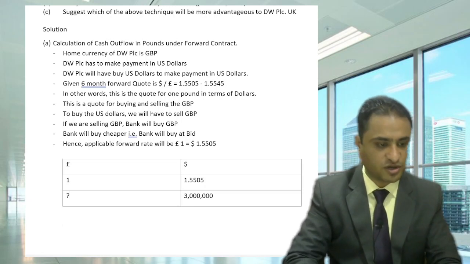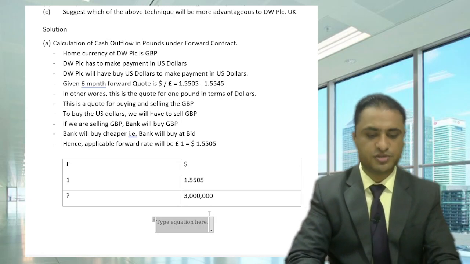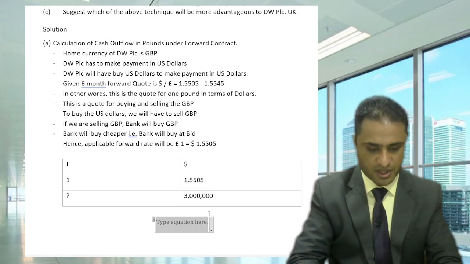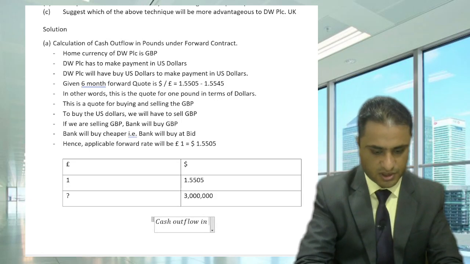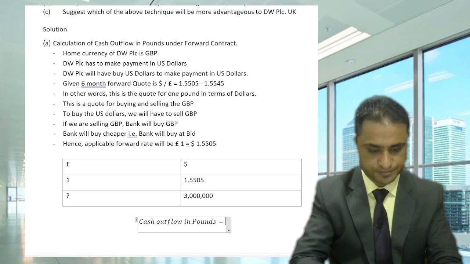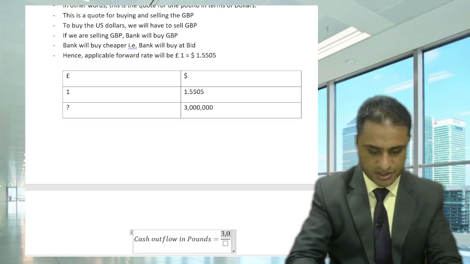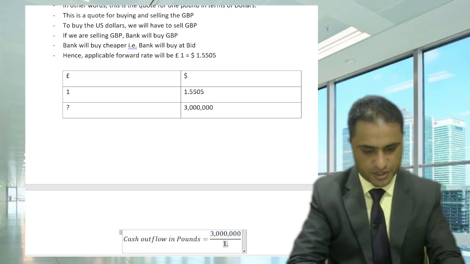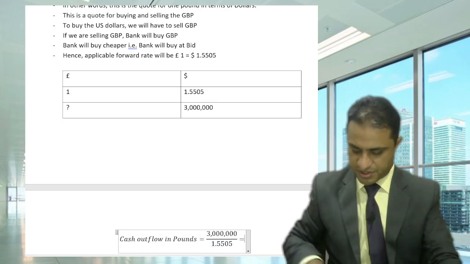By doing the cross multiplication, you will come to the conclusion: to buy $3 million, your cash outflow in pounds will be equal to 3 million divided by 1.5505. Now let's calculate it.